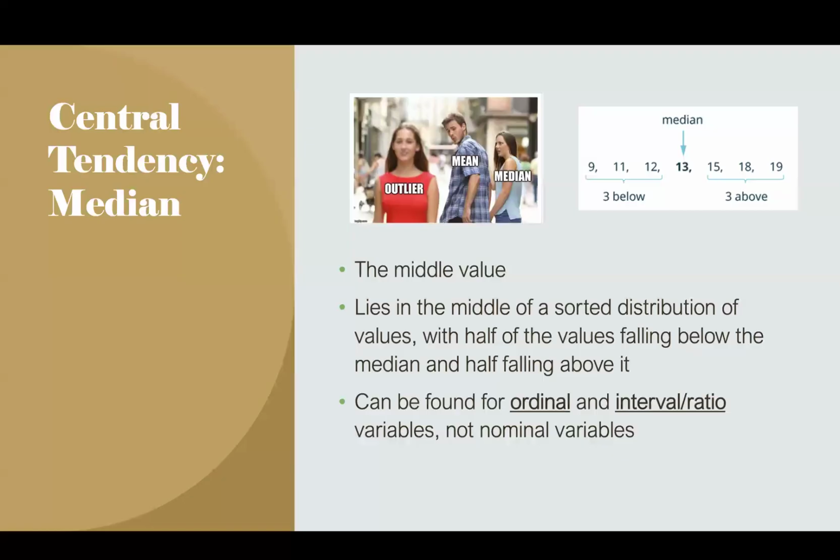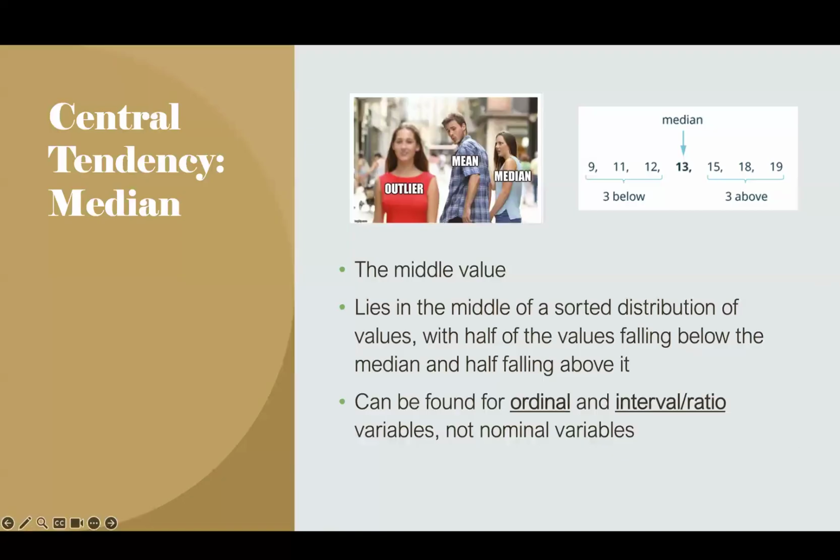Like if I were to look at income in the United States, if I said the arithmetic average, which we'll talk about next, the mean, was $50,000 a year, but that includes Jeff Bezos and Elon Musk, that's not a good representation of the middle. So we would actually want to look at the median because it's the actual middle of the data set. And I'll come back to this idea.